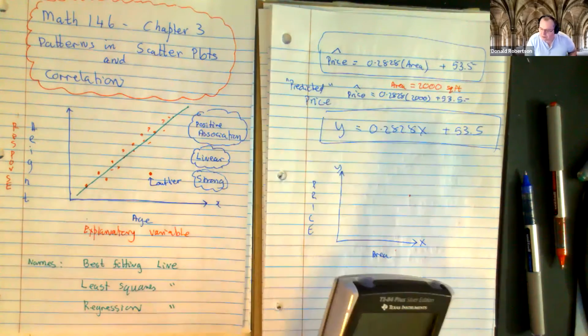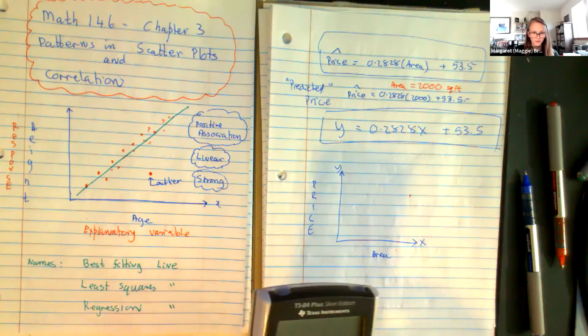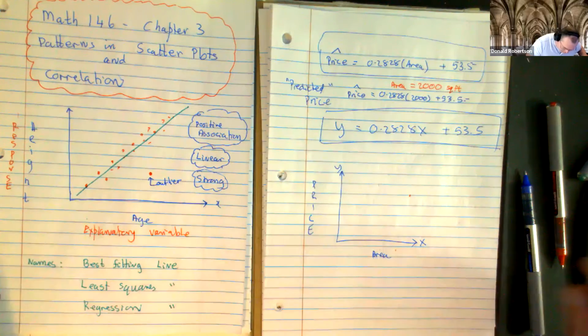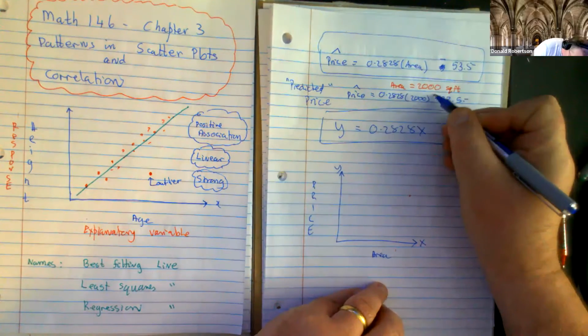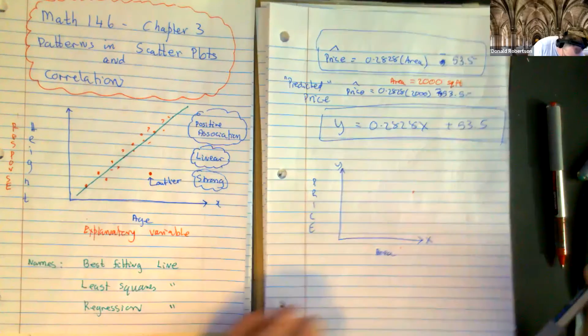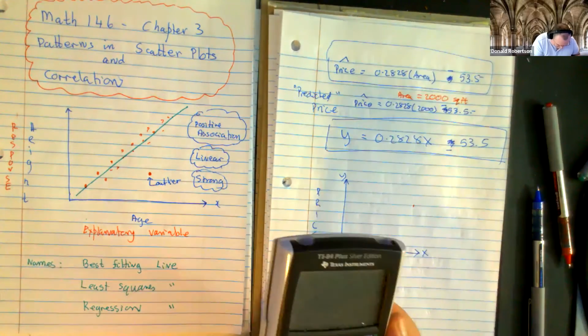Question? Should that be plus 53.5 or minus 53.5? It was minus. Well caught. Yeah, I can see it here. It says minus.